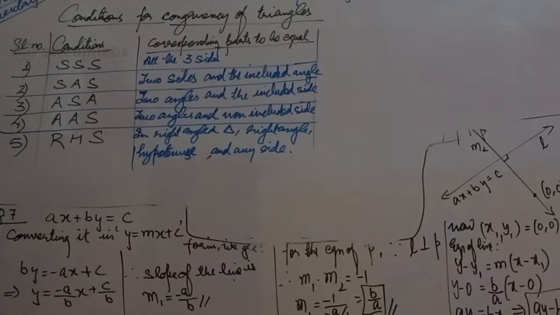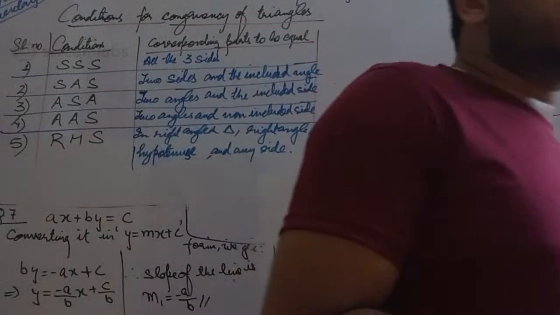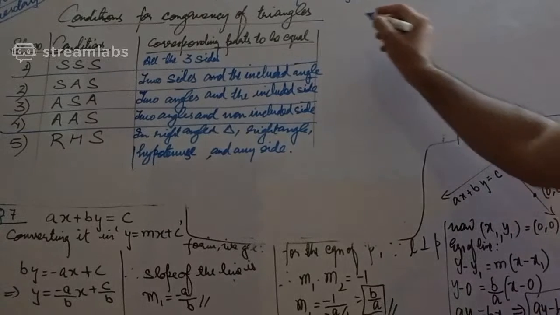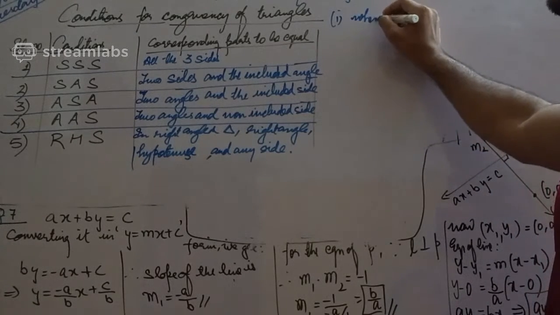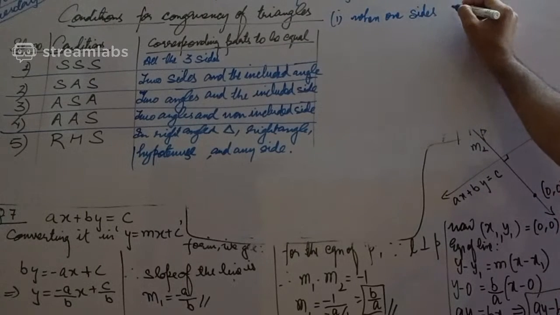I think in the juniors' one which we did on Sunday, he has measured one side, or he has measured two angles, right? So when one side was measured, we can start writing like this. First condition, when one side was measured, because there were two conjectures.